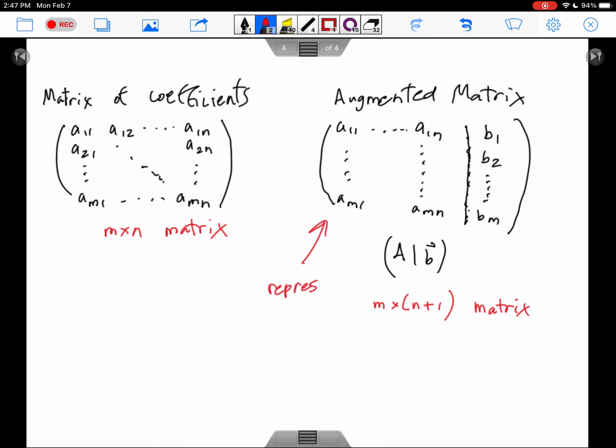So what we have here, the guy on the right, represents the system of equations. We're going to be using the notation on the right quite a bit in order to solve systems of equations in the following sections.